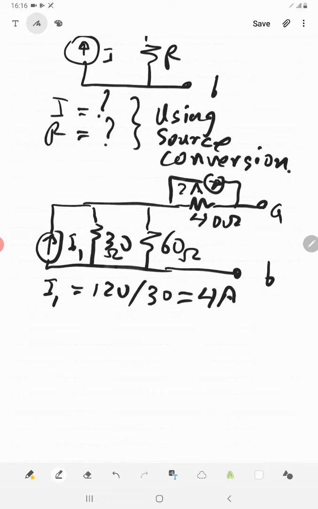Okay, 30 ohms in parallel with 60 ohms will give you 20 ohms. You know how to calculate that.